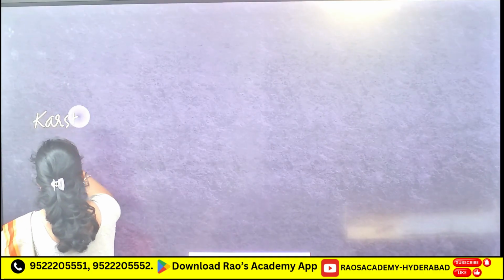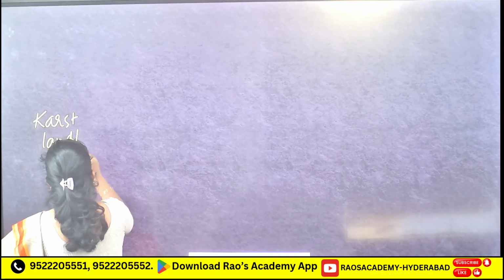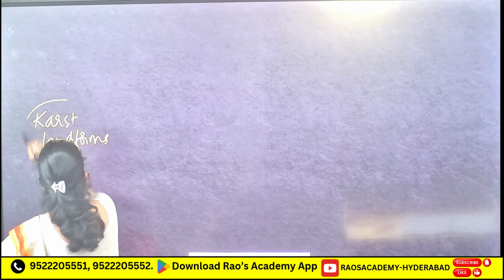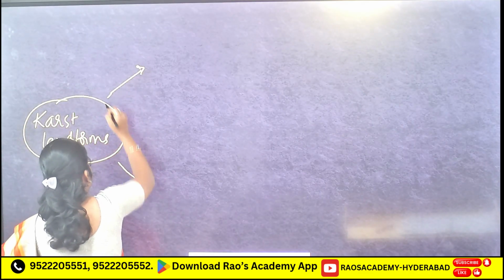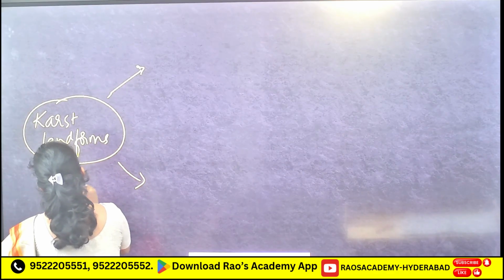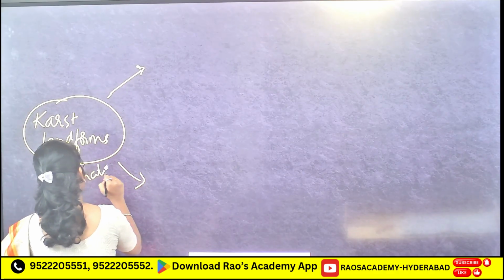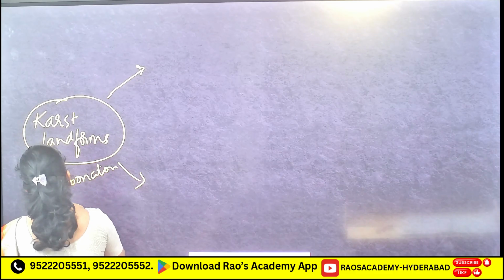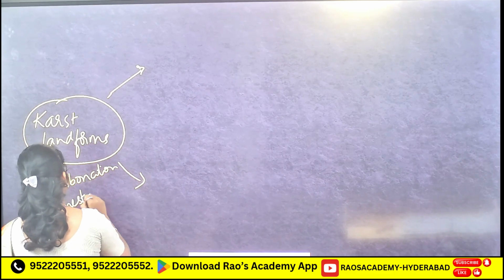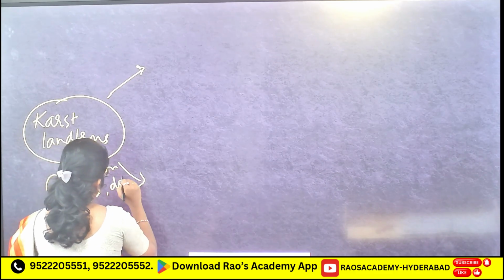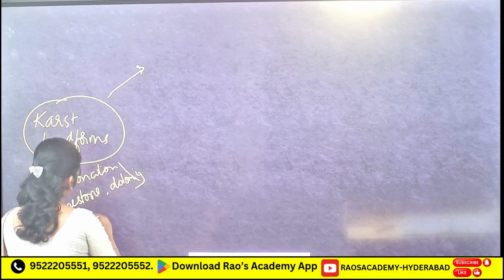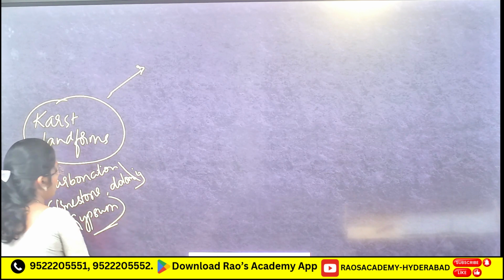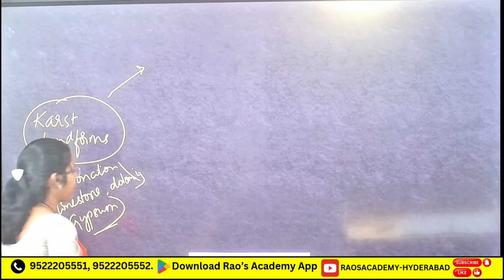Next, karst landforms. First main thing, carbonation. Limestone, dolomite, gypsum: these you have to remember.